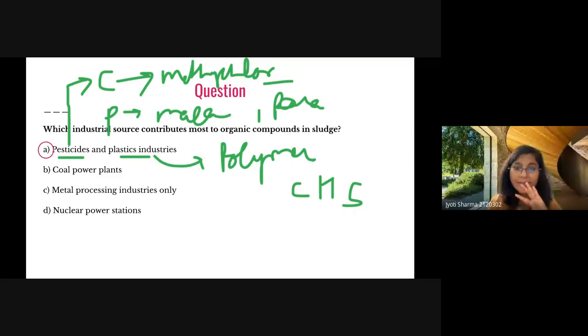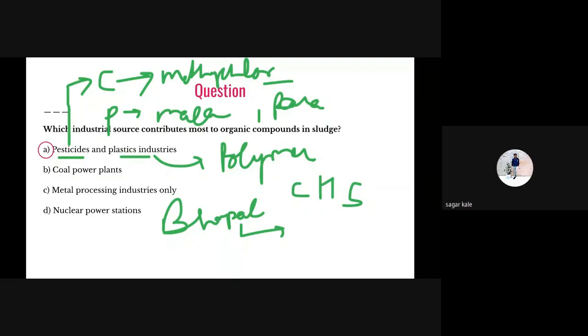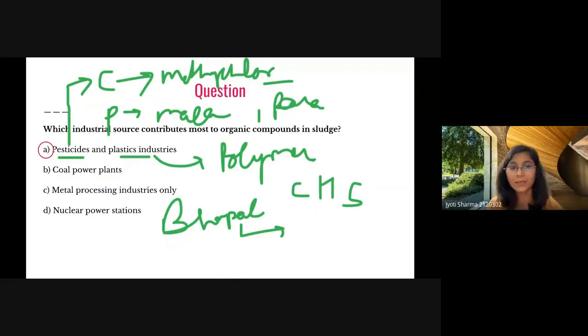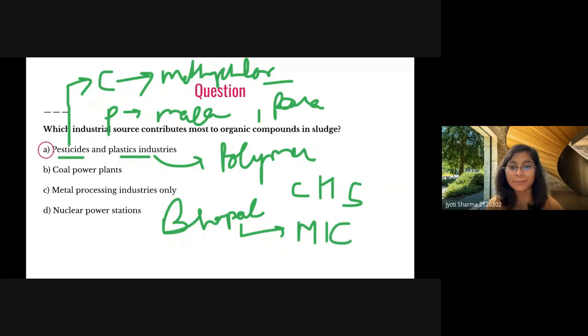And if you know about the Bhopal gas tragedy, can you tell me the name of that chemical? This was a kind of pesticide, methyl isocyanate, yes. So this is MIC. This is MIC, right?